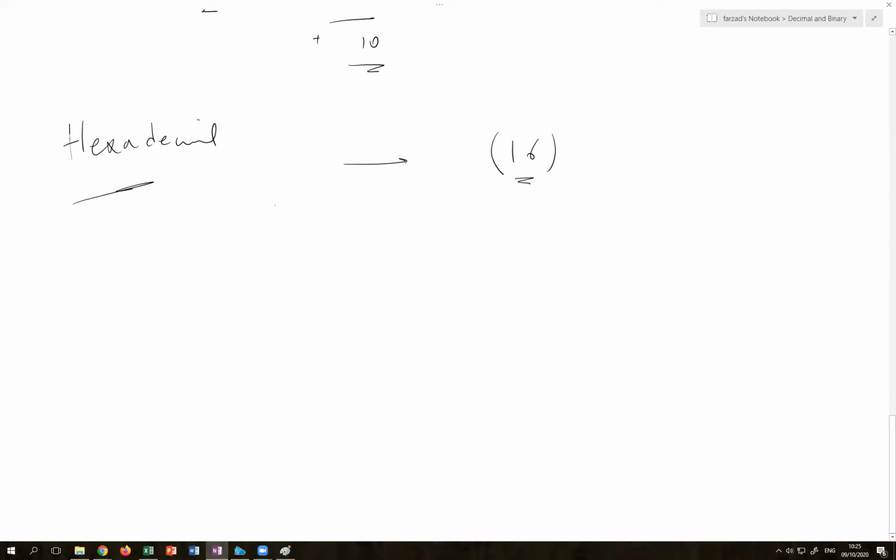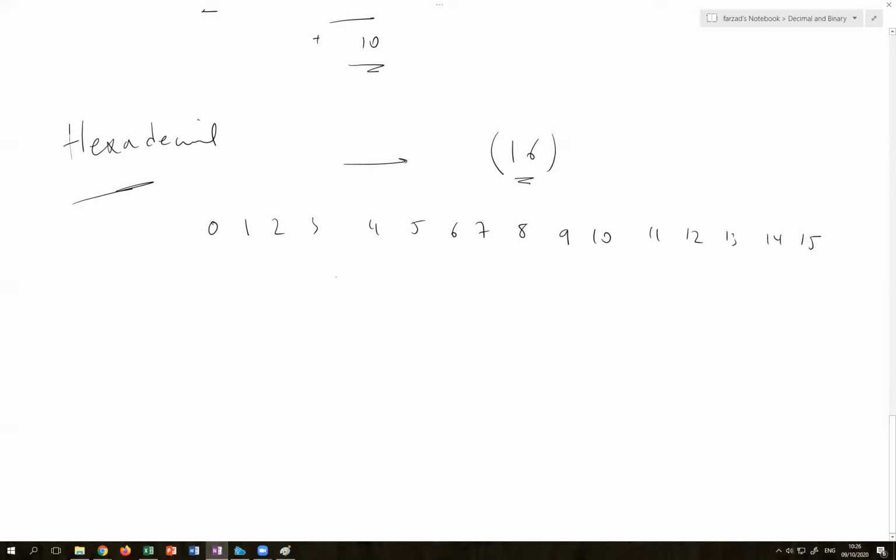When I say base 16, it means that in each place, in each location for a number, we should have 16 values. What are those 16 values? Okay, I know that 0, 1, 2, 3, 4, 5, 6, 7, 8, 9 is okay, we've got 10. What about the rest? We need to have 10, 11, 12, 13, 14, and 15.